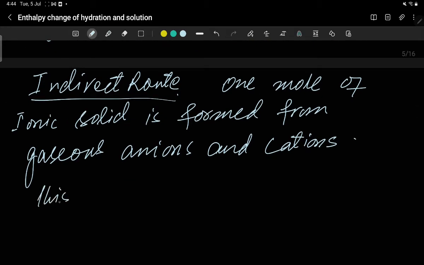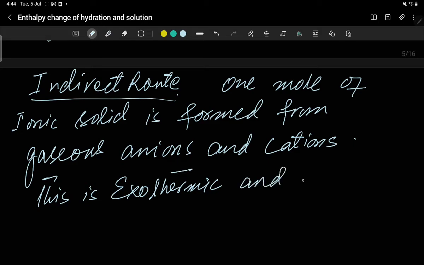This is exothermic and equal to the enthalpy change of lattice energy.